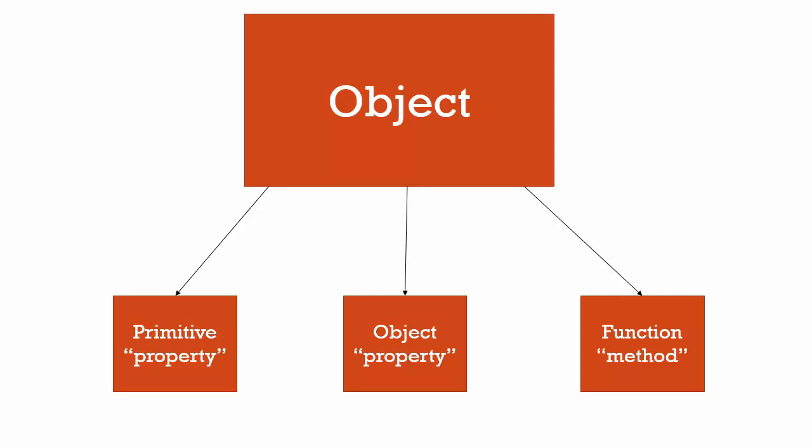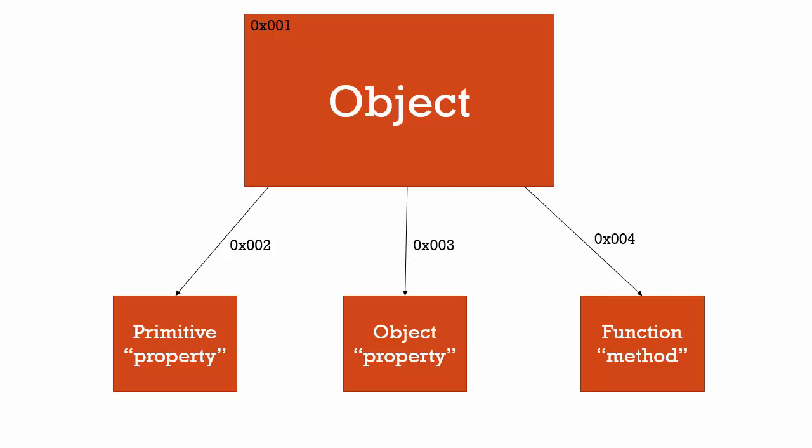So objects have properties and methods, and these sit in memory. The core object will have some sort of address in your computer's memory, and it will have references to these different properties and methods which are also sitting in your computer's memory.